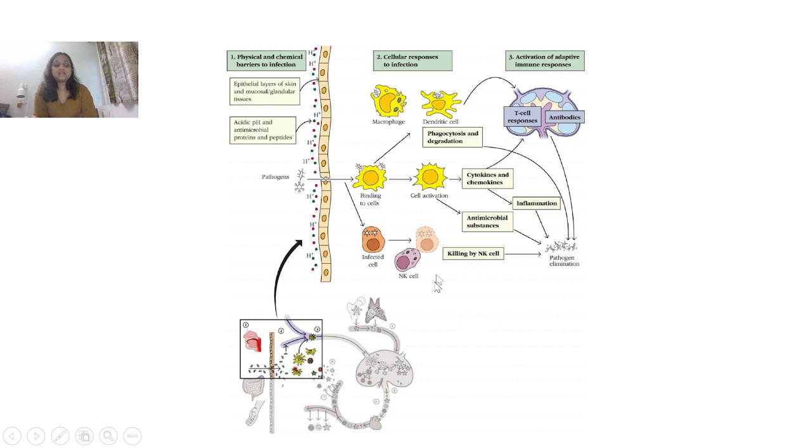The natural killer cell can directly kill these pathogens. These cytokines and chemokines can activate the T cells as well as the B cells, which will produce the adaptive immune response in our body, and all this will lead to pathogen elimination.